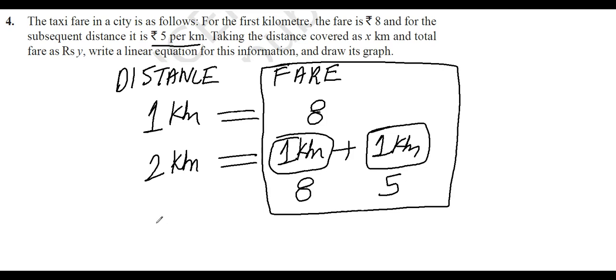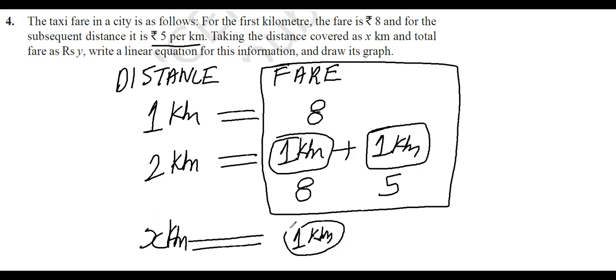If the distance is X, then out of this X kilometer distance, 1 kilometer I will keep aside for 8 rupees to be paid, and the remaining distance, that is X minus 1, will be charged at 5 rupees per kilometer.